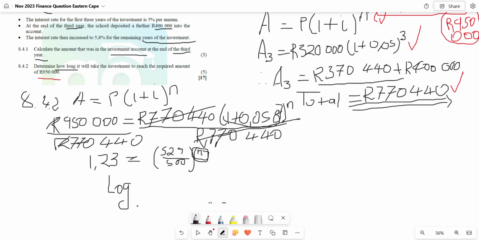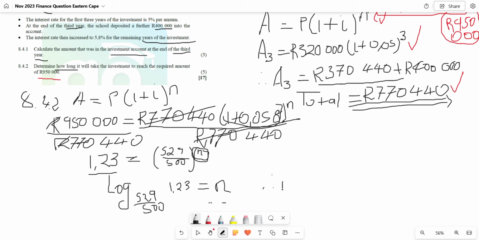Base. Remember, base is the number that carries an exponent. In this case, our base is 529 divided by 500. Then here we are going to put our result, 1,23. Then this is going to be equal, so our exponent in this case is n.